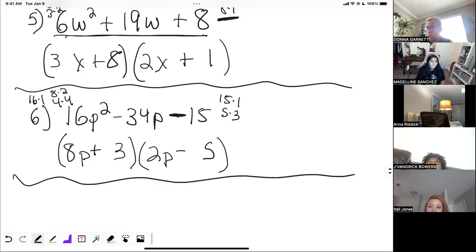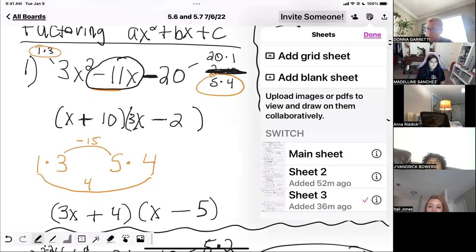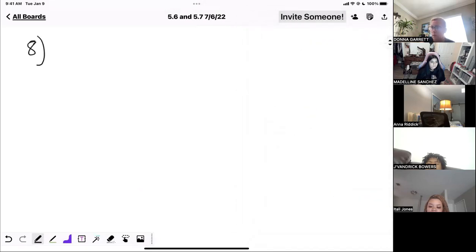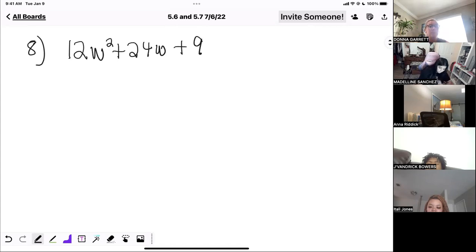All right, I'm going to a new page because now we have to add something to it. Now, what do you do when you have a greatest common factor? The same thing we just did. You know when you're going to get a greatest common factor?